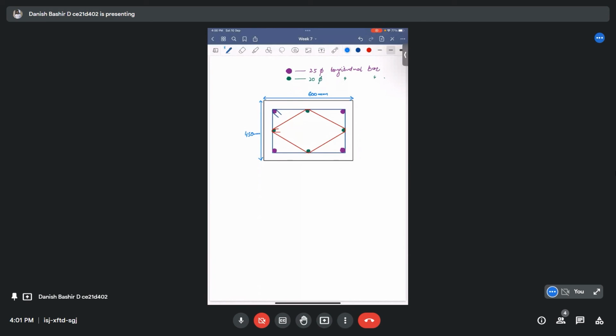I forgot to mention, we also provide clear cover, 2 times 40 mm. This is the minimum. So this completes the reinforcement detail, and this is a complete design.